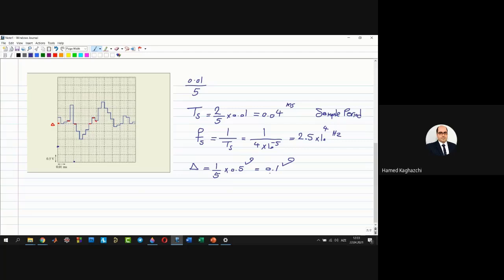Now, suppose that my digital signal sequence is like that, and I used, for example, 6 bits.